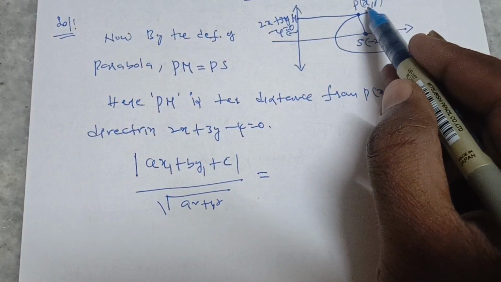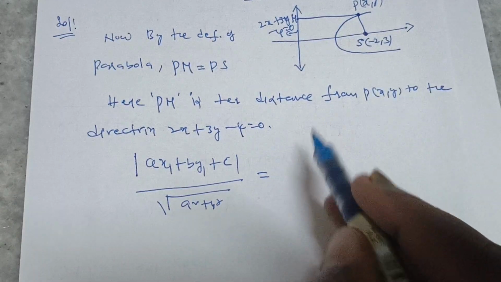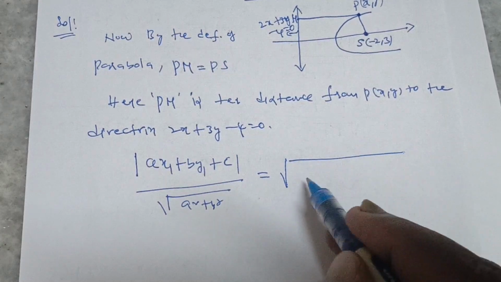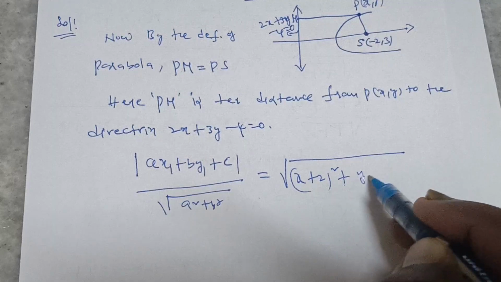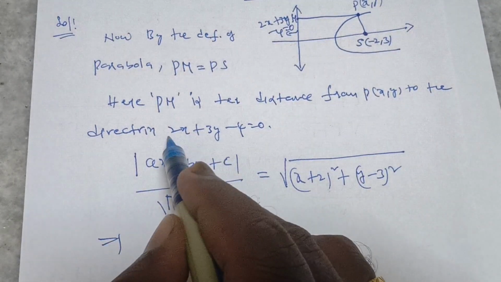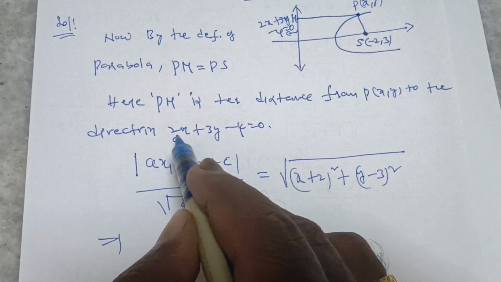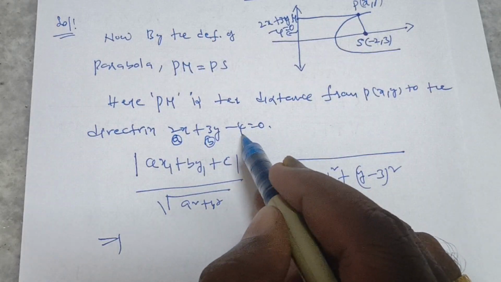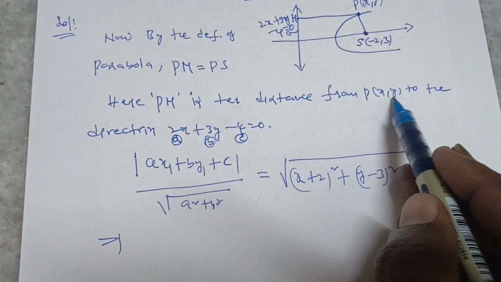Assume this as (x1, y1) and this as (x2, y2). So it is the square root of (x + 2) whole squared plus (y - 3) whole squared. Here the coefficient of x is a, the coefficient of y is b, and the constant value is taken as c. And (x1, y1) is this point.